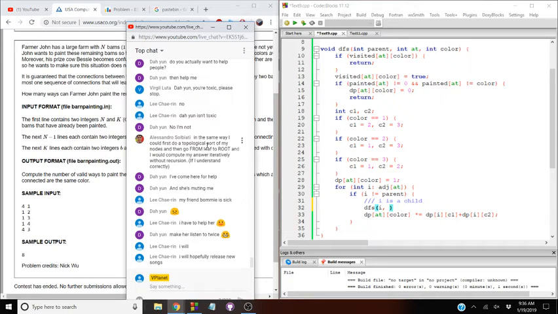This is perfectly fine. You would just do DFS, and you would do it iteratively instead of recursively. So the answer is yes. You can do that. It would just be iteratively instead of recursively. Okay.